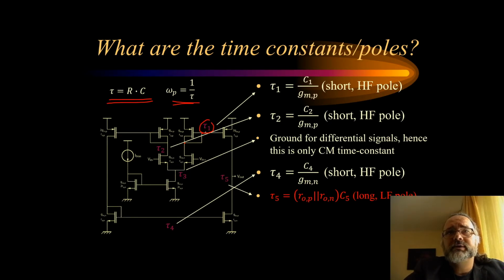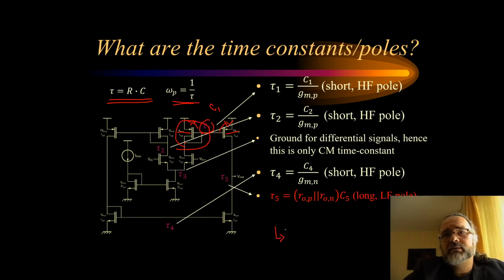So let's see the time constant. It will be the equivalent capacitance that we have at this node, and for the equivalent capacitance you just sum up all the parasitic capacitances that you see here, and you consider also the bulk. Doesn't matter, say just the equivalent capacitor is C1 times the equivalent resistance. Now, what is the equivalent resistance here? What we see is that we have a diode connected transistor.